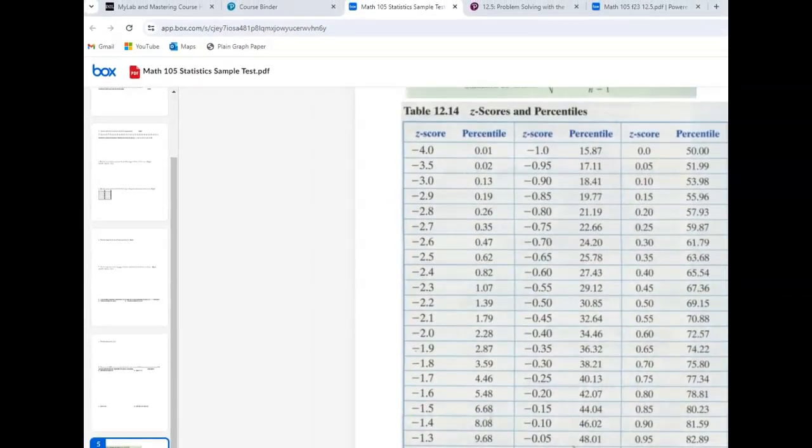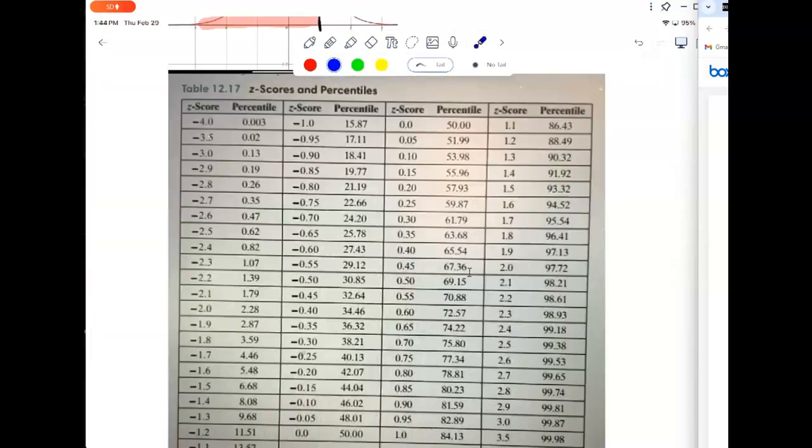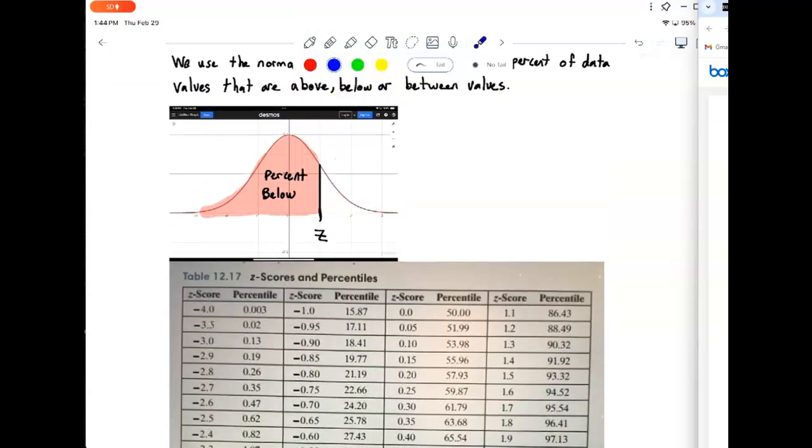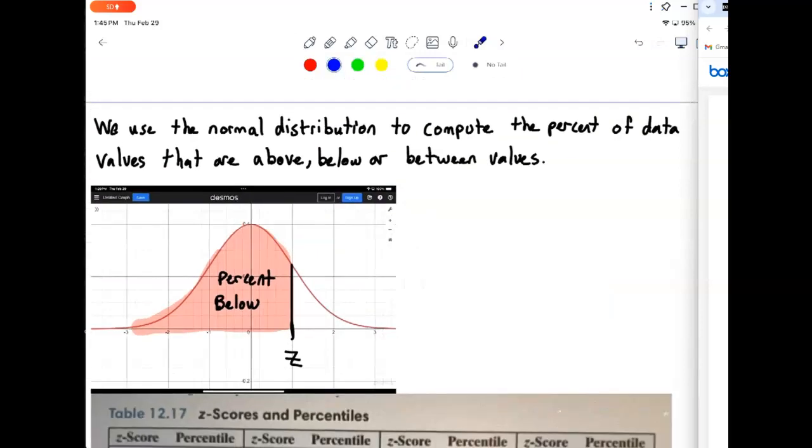Okay, so what we're going to do now is we're going to be looking at some problems. We're going to look at how to use this chart because the chart only tells us the percent below, but we could be asked about the percent above a certain value or between values as well.